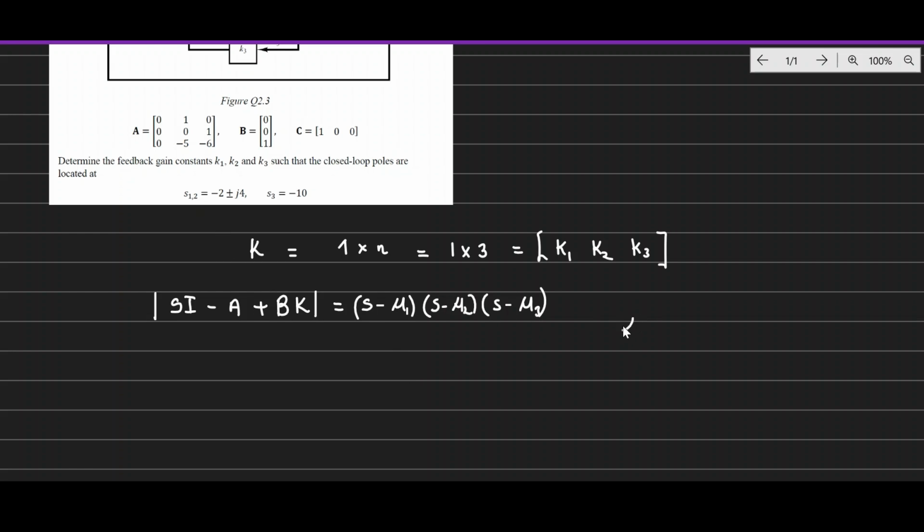So let's say our mu1 is equal to negative 2 plus j4, and our mu2 is equal to negative 2 minus j4, since there are two poles there, and then our mu3 is equal to negative 10.